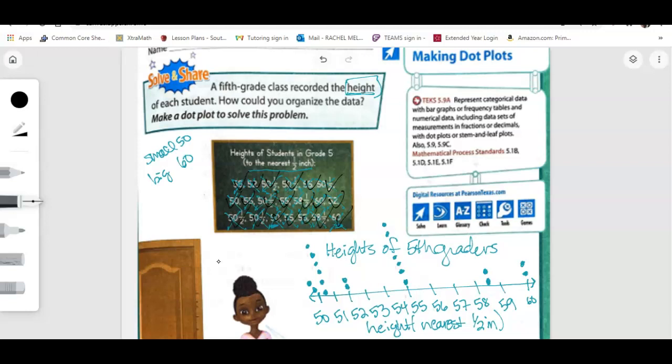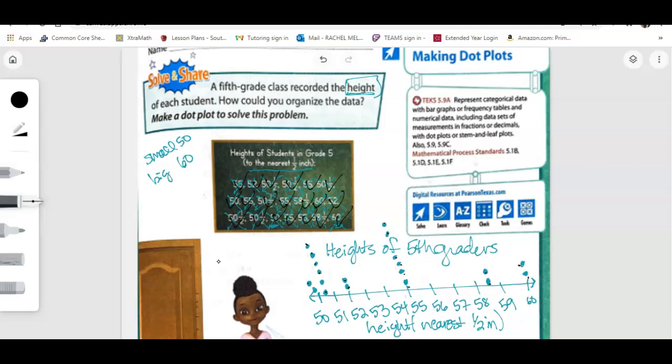Okay, so there's 20 students that got their height measured. So I should have 20 dots. So 1, 2, 3, up to 19, and 20.